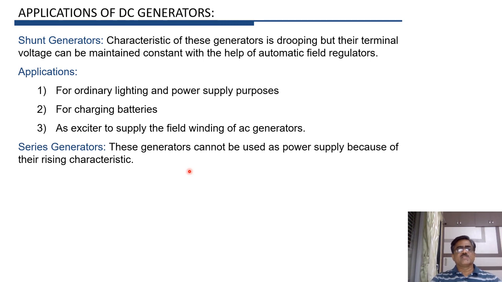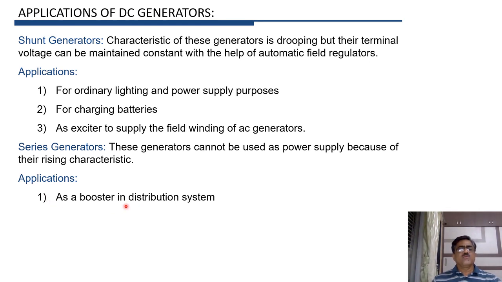Now second type is series generator. Now in case of series generator, the characteristic is rising and therefore it cannot be used as power supply. But series generator can be used as voltage booster in distribution system. So when current flows through a feeder, there is voltage drop, and therefore receiving end voltage is always less than sending end voltage.